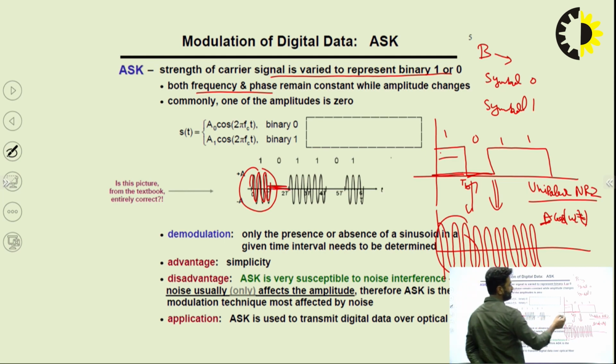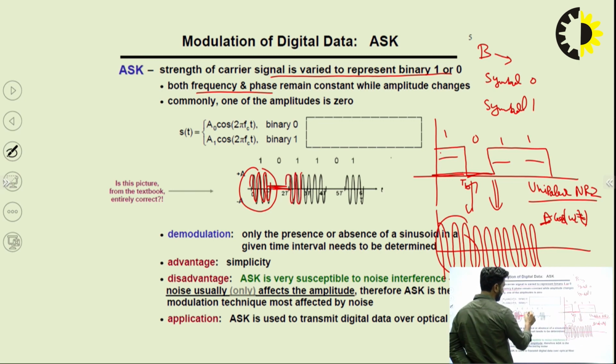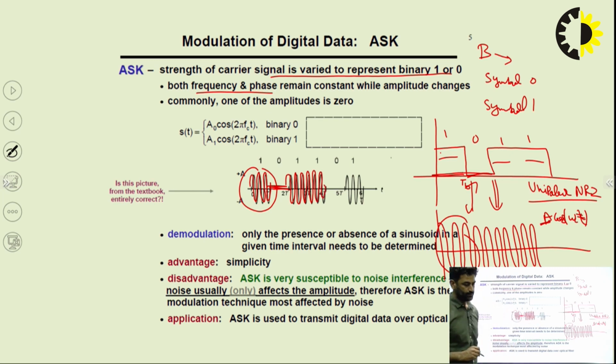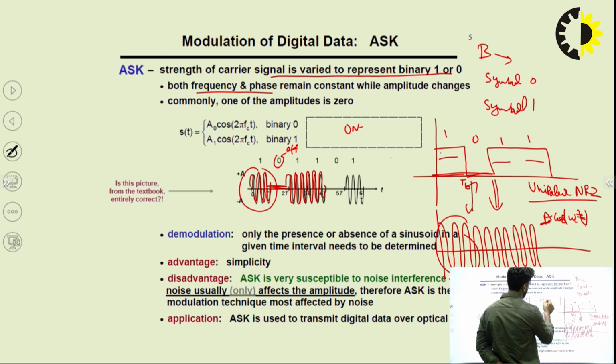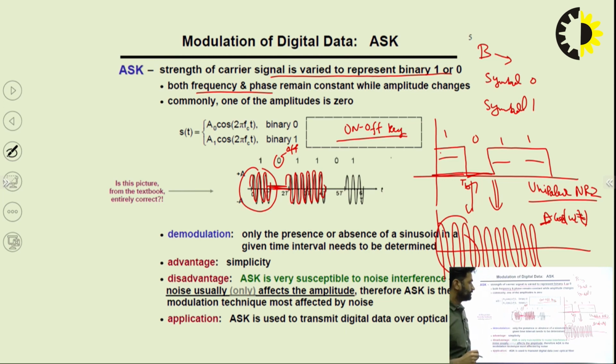Again, whenever a 1 comes, we show the carrier. When 1 is there, it's on, and when 0 is there, it's off. It's also known as on-off keying.